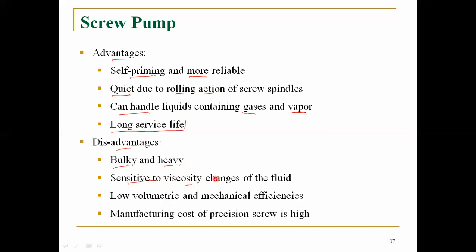If we change the viscosity, the screw pump will not operate as efficiently. It has low volumetric and mechanical efficiencies, and the manufacturing cost of the precision screw is high. These are some of the advantages and disadvantages of the screw pump.